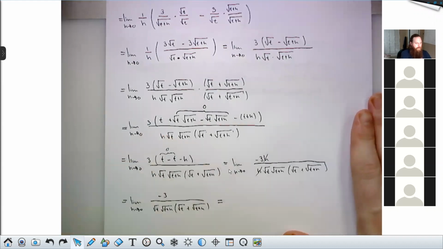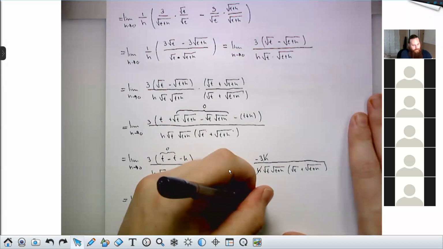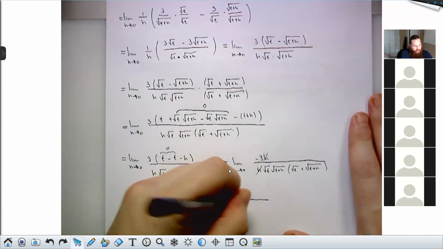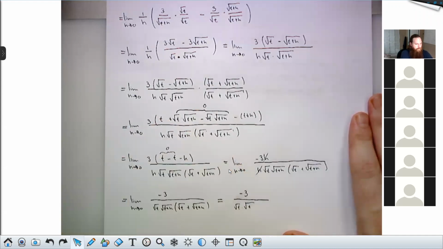Finally, now that the factor of h is gone from the denominator, I can send h to 0 and get -3 over, this will be root t, this will be root t. This will be root t, this will be root t.